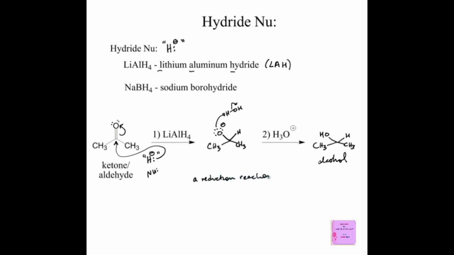We could describe this as a hydride reduction because we increase the number of CH bonds while decreasing the number of CO bonds. Okay, so ketones and aldehydes can be reduced with a hydride reagent, either lithium aluminum hydride or sodium borohydride, to give, as a result, an alcohol product.